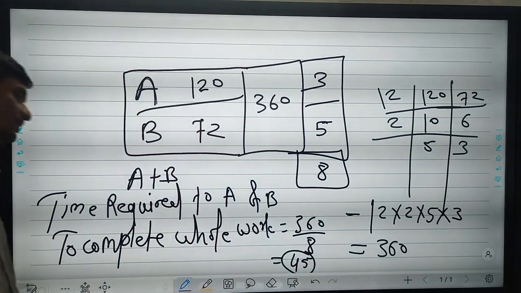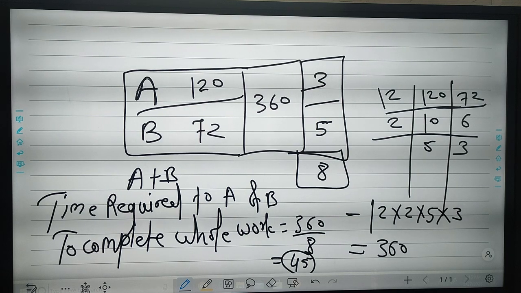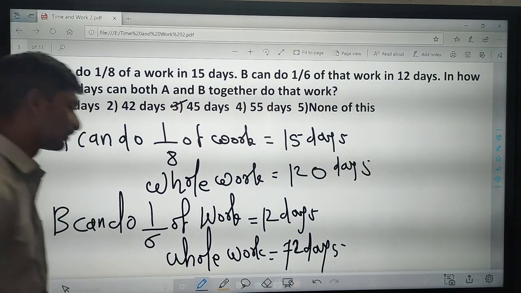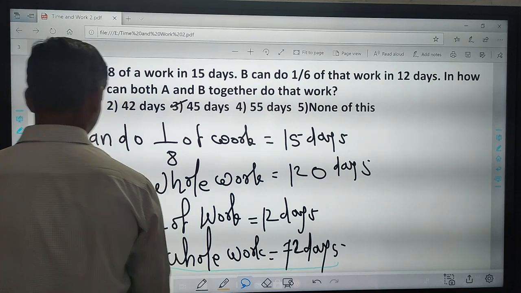Now your answer is 45 days. A and B together complete this work in 45 days. Now next.